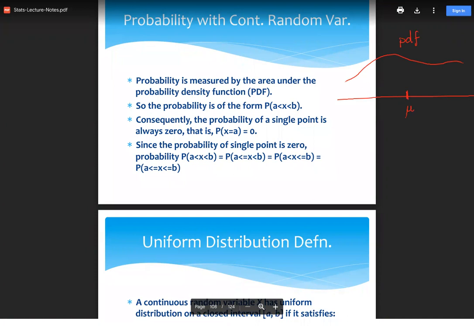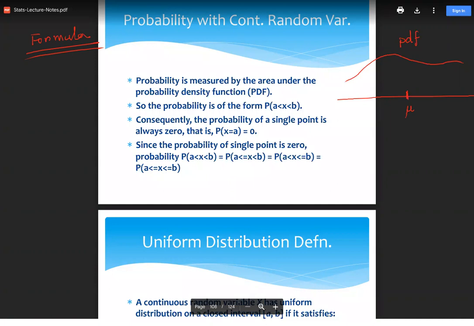Now, if you want to find the probability, unlike the discrete case, probability is measured differently. In the discrete case, both binomial and Poisson distribution, you had formulas. In the continuous case, we do have formulas, but that involves calculus. Finding the probability is going to be beyond the scope of this class.